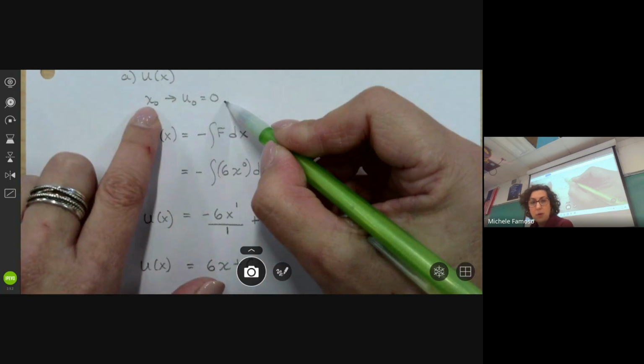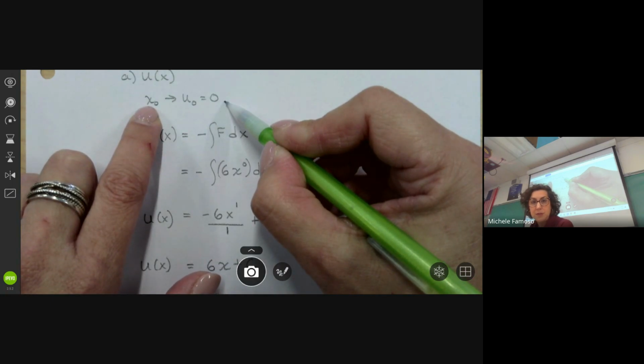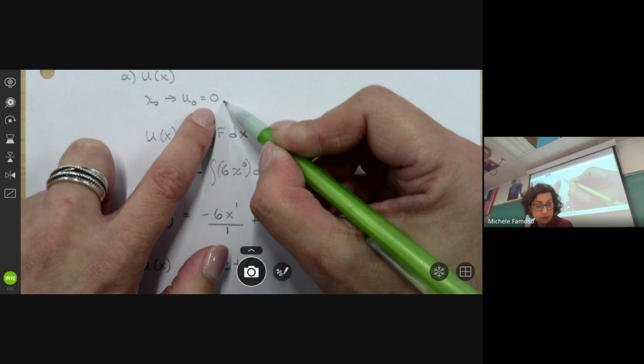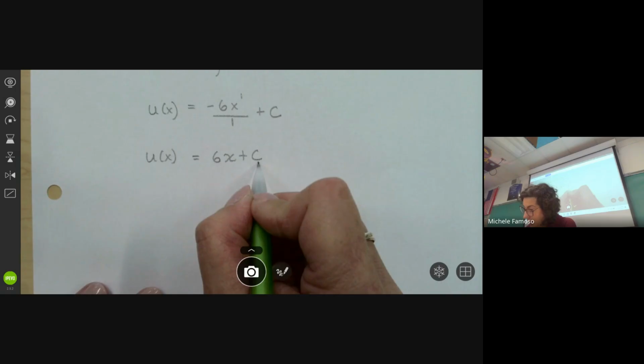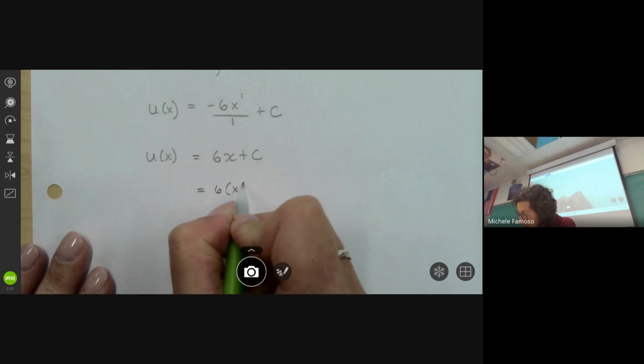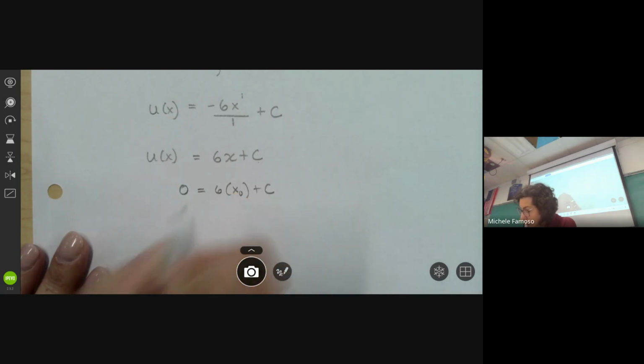We're saying when we have this arbitrary initial position, we have to get a value of 0 for the potential energy. So what is that value here? It means when I plug in x0 that this must equal 0. So what does that constant equal?